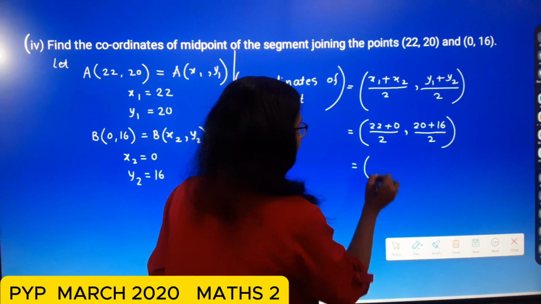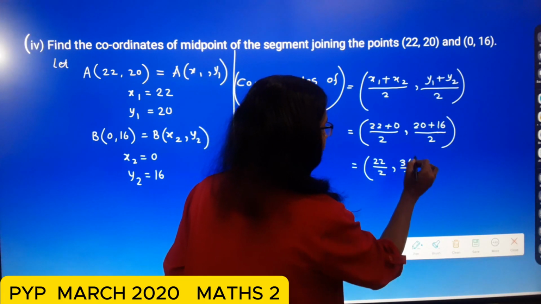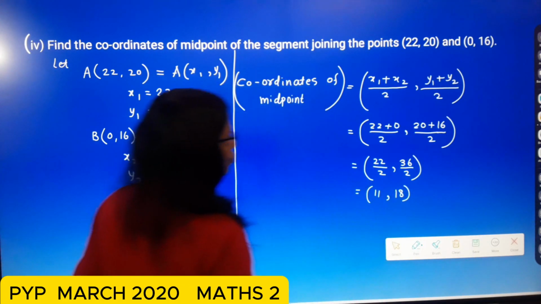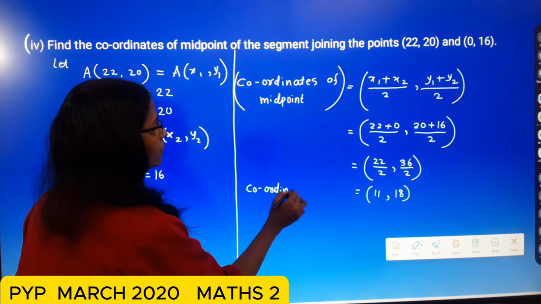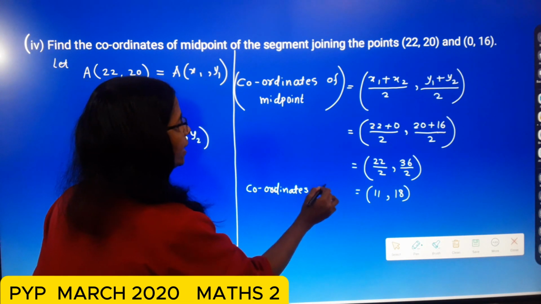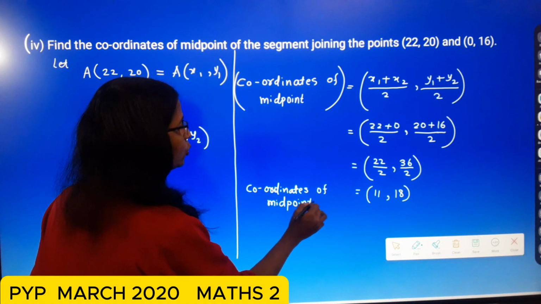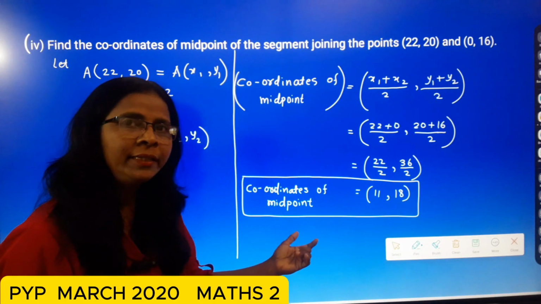Now 22 upon 2, then 36 upon 2. So 11 and 18. So the coordinates of midpoint is equal to (11, 18).